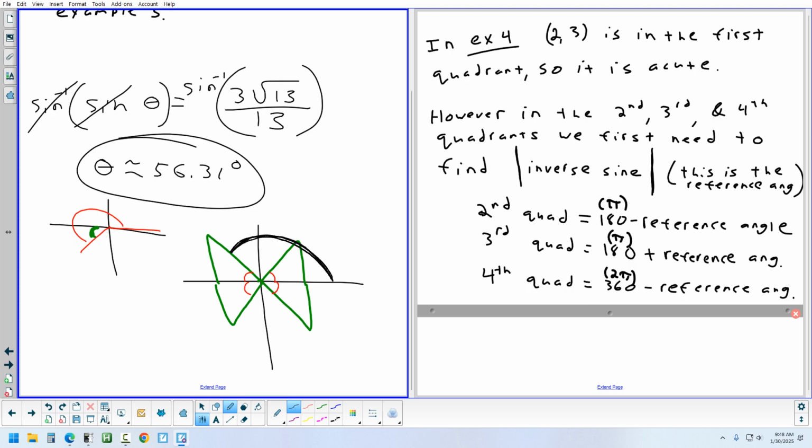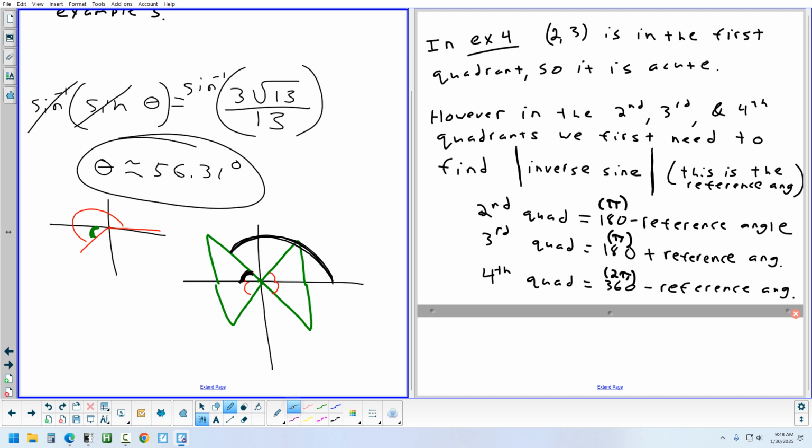How would you figure that out? Well, if you knew that part right there, and you take 180 and you subtract that, like let's say that was 20. If that's 20, then this part has to be 160. So if you are in quadrant 2, you take 180 and you subtract the reference angle.